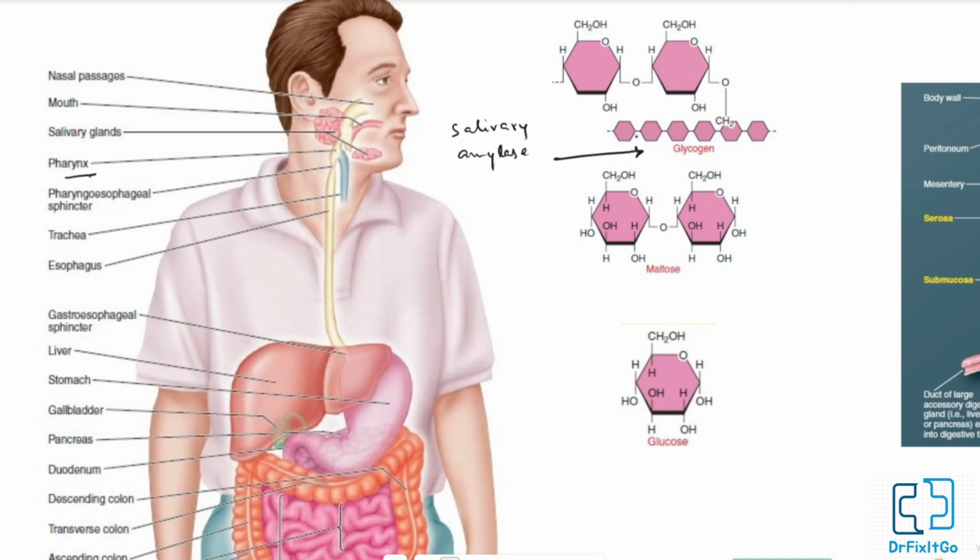helps in partial digestion of complex sugar polysaccharides like starch or glycogen into di or trisaccharide, maltose, which will be converted by other enzymes to glucose, which in turn is continuous with the esophagus, which is 25 cm long, a fibromuscular tube lined with mucous membrane.